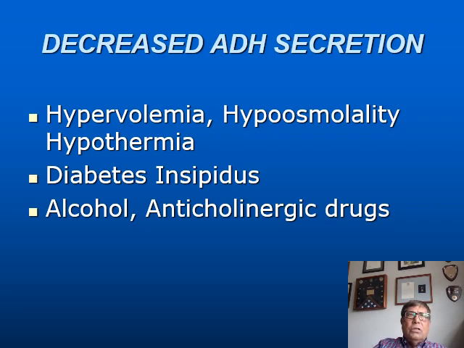In these conditions, the body needs to dump more water. And obviously, if somebody has developed diabetes insipidus, clearly that will result in profound urine output. Alcohol, anticholinergic drugs, and some other drugs also decrease ADH; people know that if you drink a little too much alcohol, you need to go to pee.